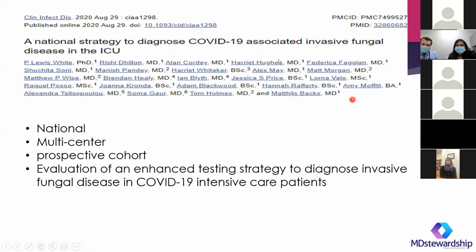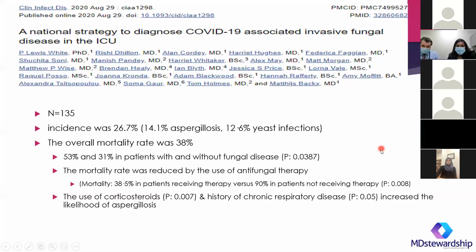And this is another one, a national strategy to diagnose COVID-19 associated invasive fungal disease. They're trying to highlight the importance of identifying it, getting people to recognize it and treat it. In this study, when they looked at fungal infections in general, you had about 14%.